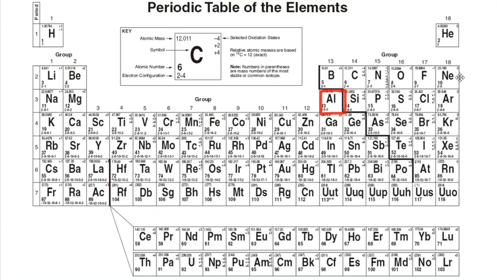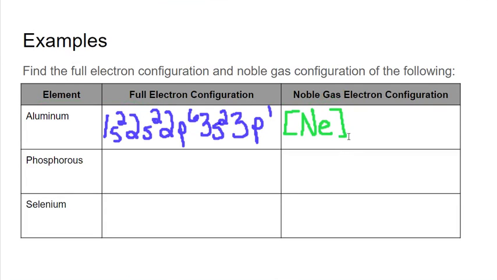So what comes next after neon? Well, I'm going to go down a line and all the way over to the left. We got 3s2, all the way over to the 3p, 3p1. So after my neon in brackets, I would then write 3s2, 3p1.